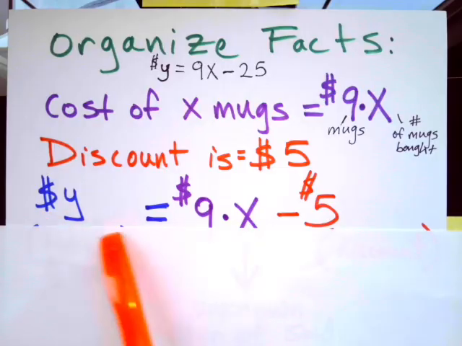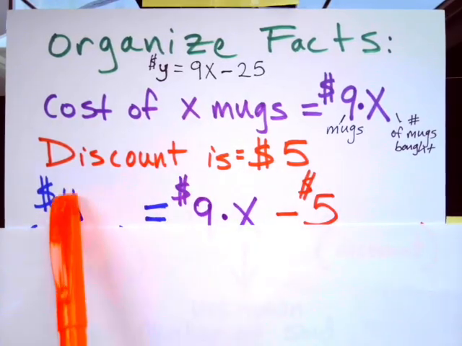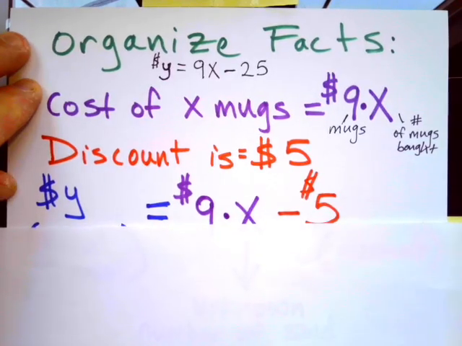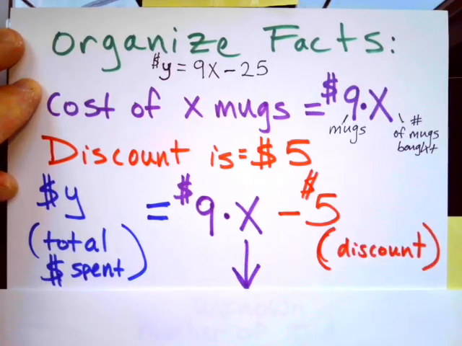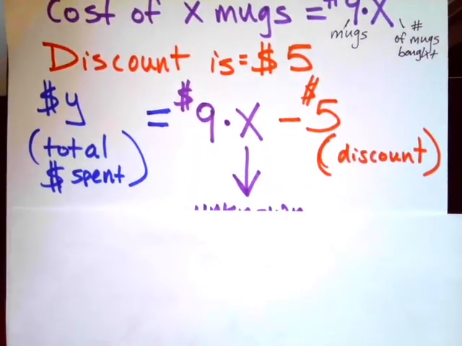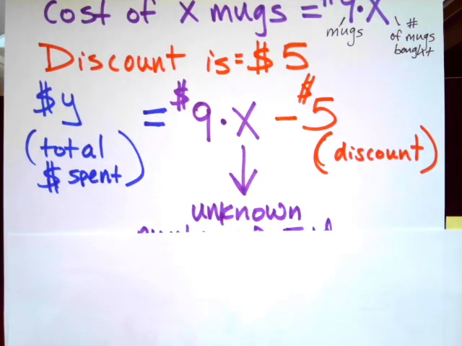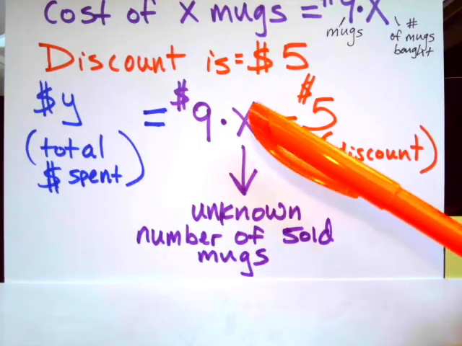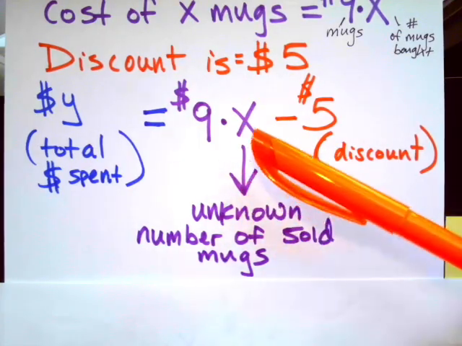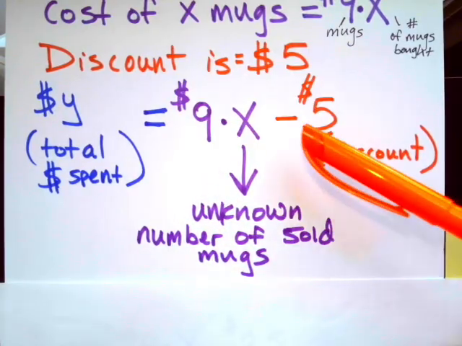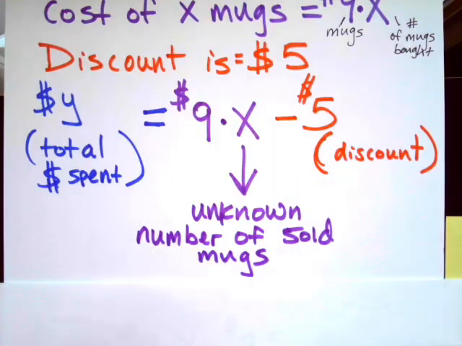So this seems to me to be the correct equation for this type of word problem: total amount of money spent equals 9 times x, the unknown number of mugs. We know it'll be a value of 3, 4, 5 mugs, all identical, and then our discount is minus $5.